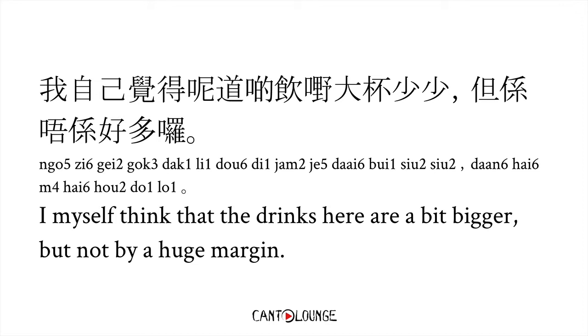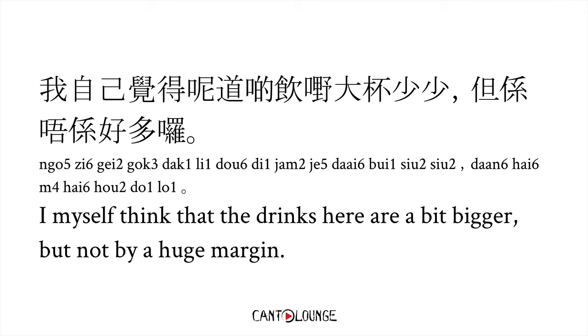The full sentence reads, 我自己覺得呢度啲飲嘢大杯少少，但係唔係好多咯。 And this sentence actually cuts out the adjective in the second part of the sentence. It should really read 但係唔係大杯好多咯. But you can feel free to omit that, right?